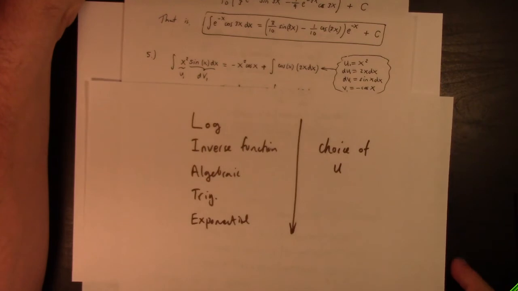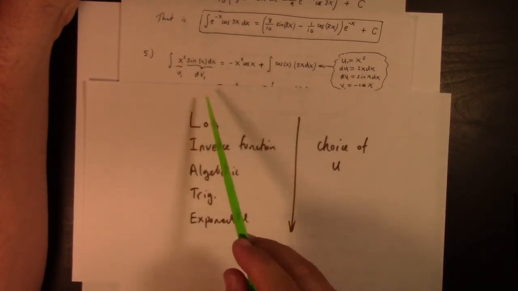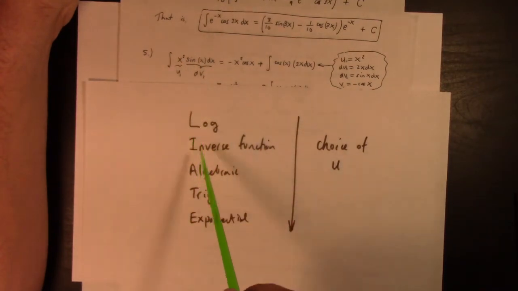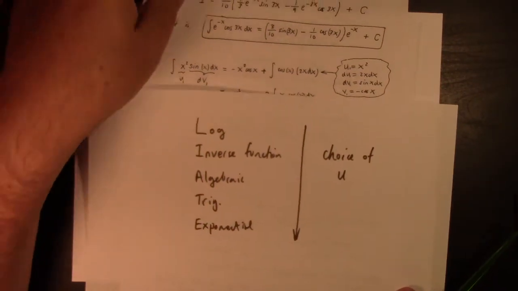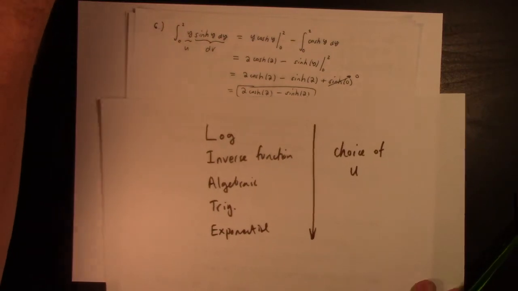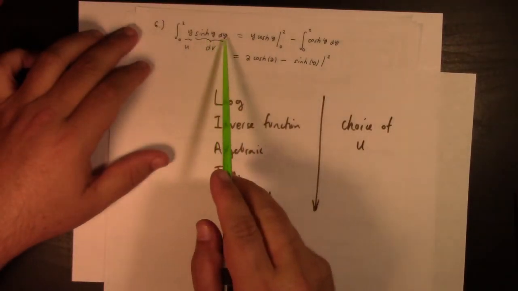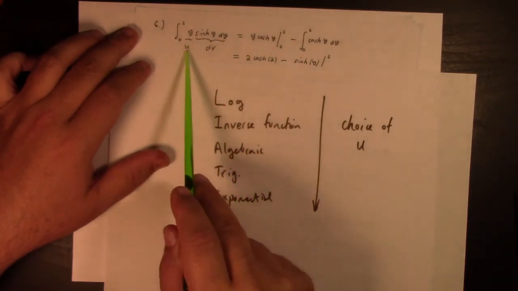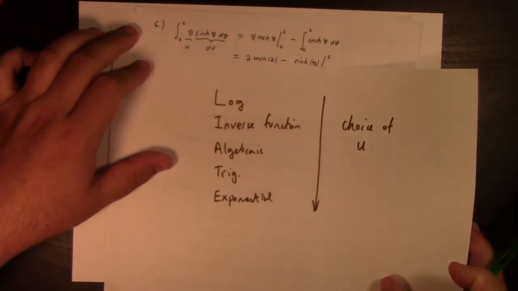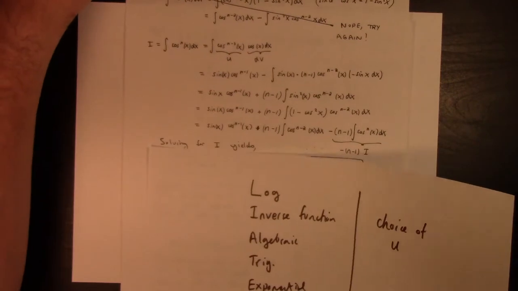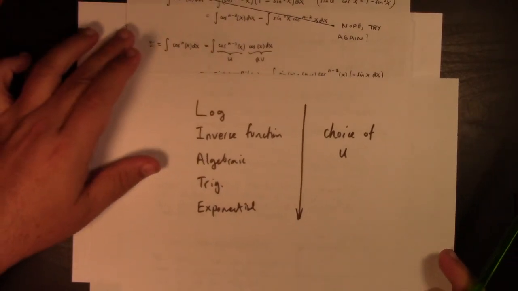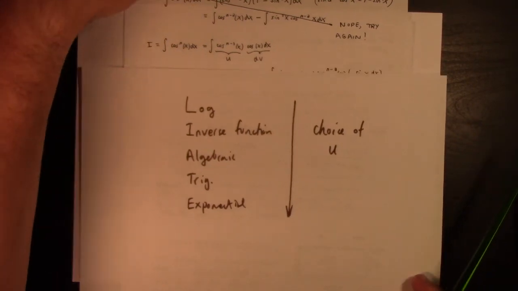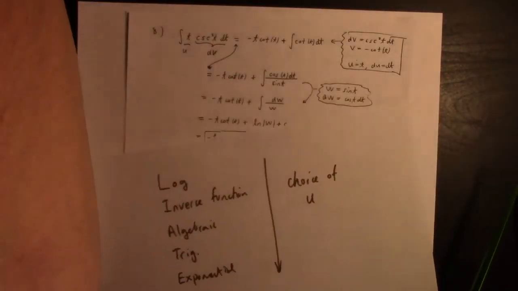Log, no log, inverse, not really. Algebraic, oh, algebraic, yep. x squared was my choice for u. What do you know? It worked again. How about this one? sinh y dy. y is an algebraic function. We chose u equal to y. What do you know? Worked again. Example 7 is not quite the kind of thing that LIATE works for, so I'm just going to go on.